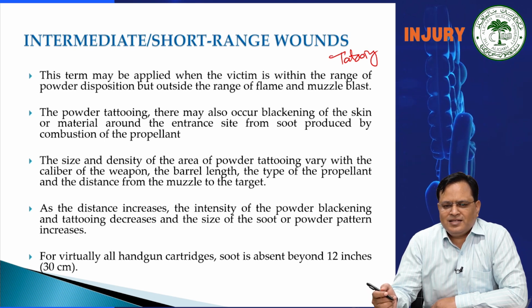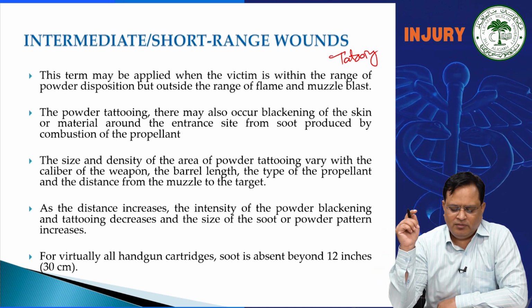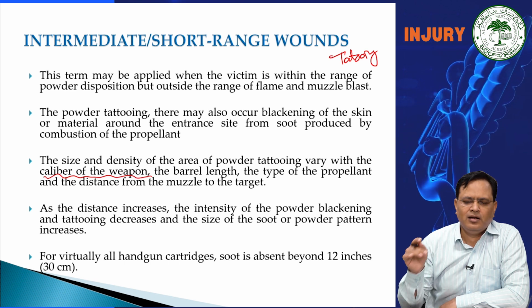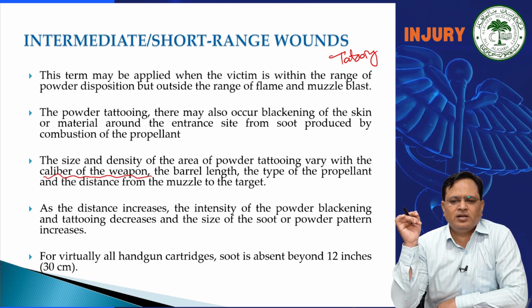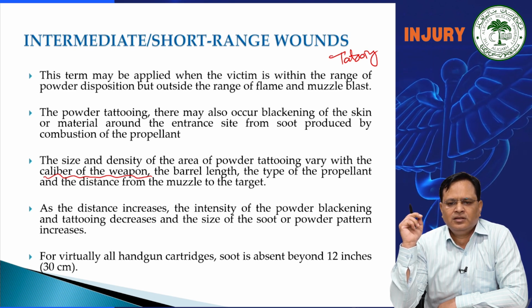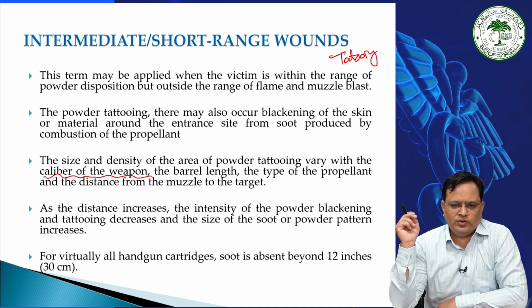The size and density of the area of the powder tattooing vary with the caliber of the weapon, meaning the size of the barrel, how much gunpowder there is, and the type and amount of propellant used.